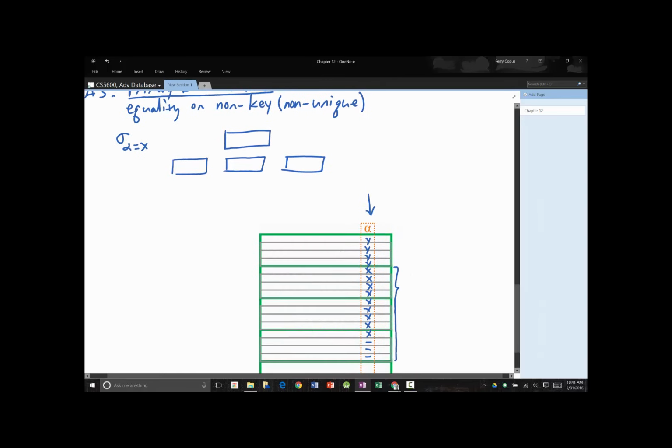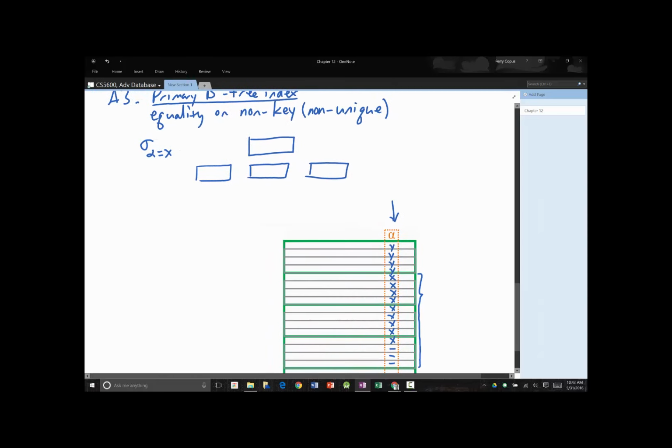Why don't we just have 3 levels in our tree? Maybe we'll draw it like this, maybe like this and like this, something like that.